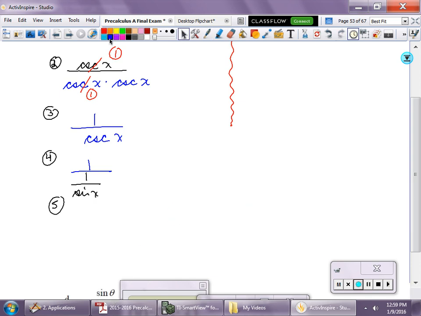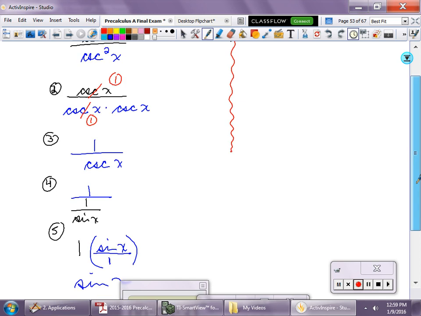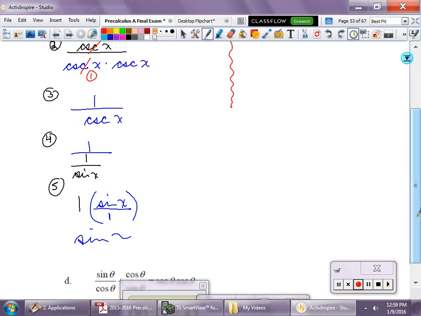How do you divide by fractions? Take the numerator, which is 1, and multiply the numerator, 1, by the reciprocal of the denominator. 1 over x is the original. So the reciprocal of 1 over sine x is sine x. And in the end, sine x is equal to sine x. Nice.